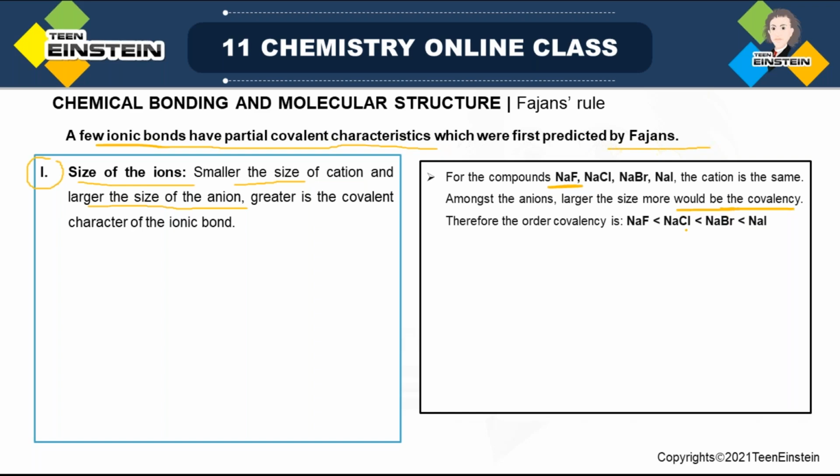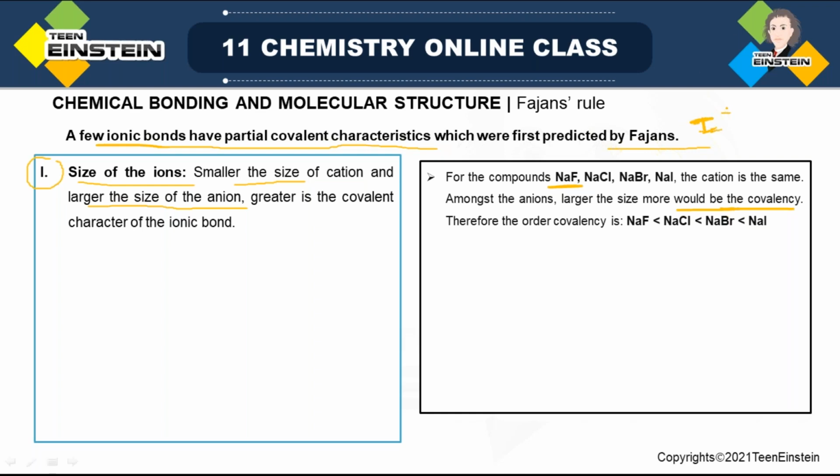That means maximum covalent character will be generated in sodium iodide. It is true, all of them are ionic. But as we are discussing the generation of covalent character, on the basis of Fajans rule you can predict in which case the extent of polarization will be maximum. And that is possible in the case of sodium iodide, because the size of I minus is large.